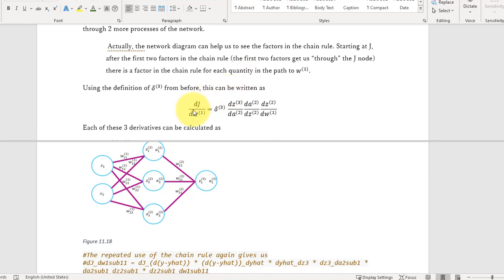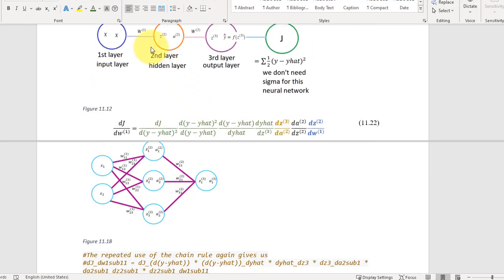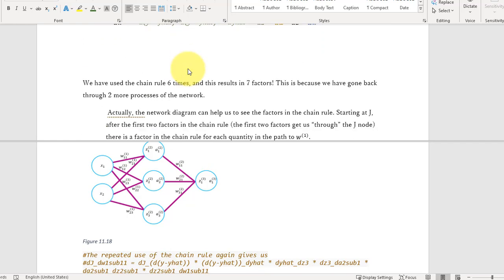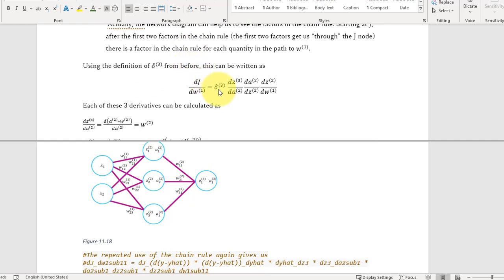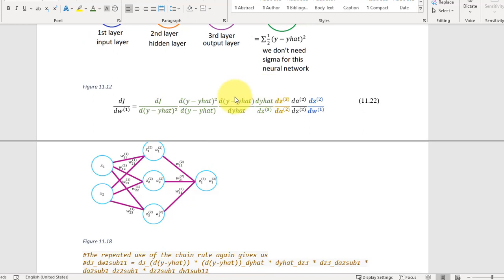We had this result: if we're going all the way back down to here, the derivative of J with respect to W1, we had this result, and we had this delta 3 in there. And delta 3 was everything except for the last 3 terms.